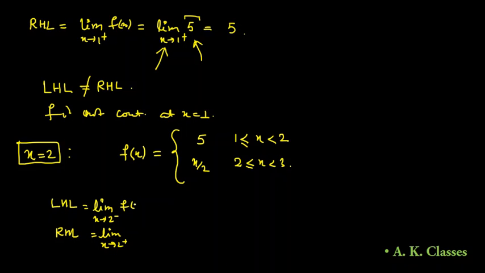I think you can find it now. Okay, do it. The answer here will be 5 and here you will get x by 2, 2 by 2, it will be 1. Not equal, so f is not continuous at point 2 also.